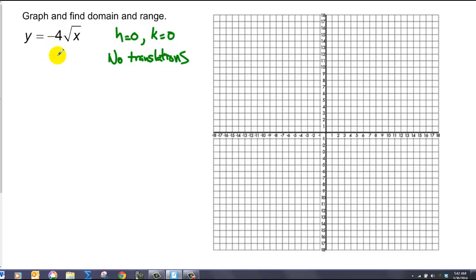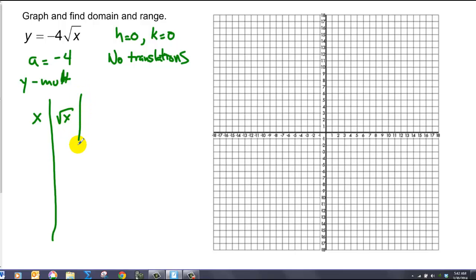And in this case, I have an a value equaling -4, and that's my y multiplier. So I take a look at x and my parent function of root x, and then I'm going to multiply my y values by -4.